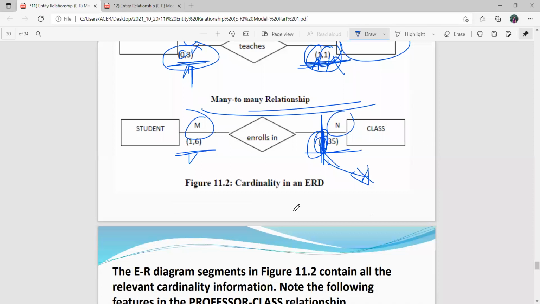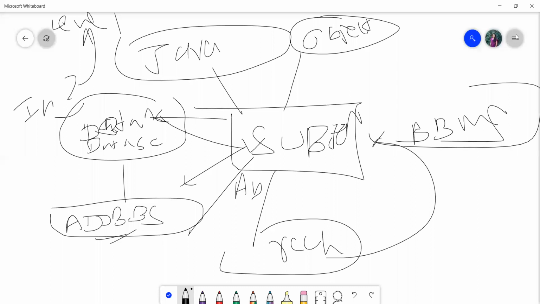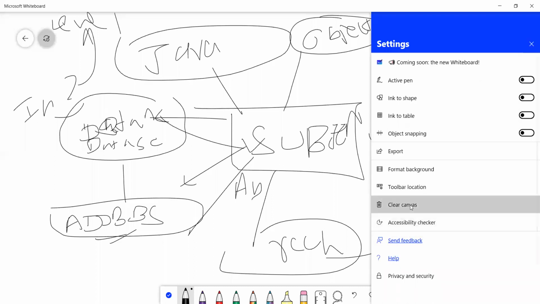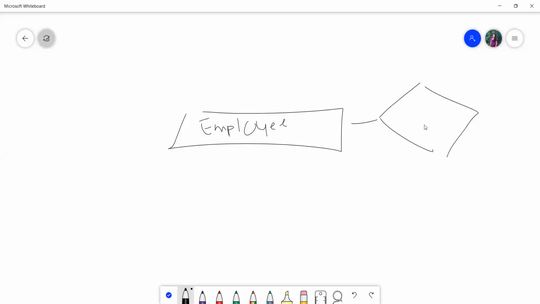What is the relationship? Let's take it like this: employee works for department.